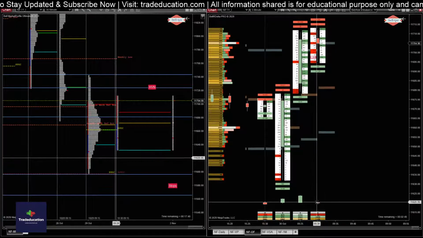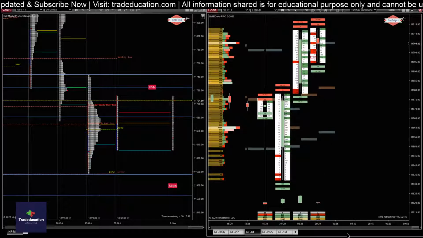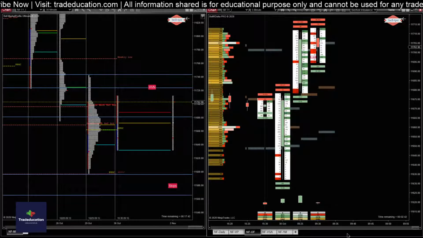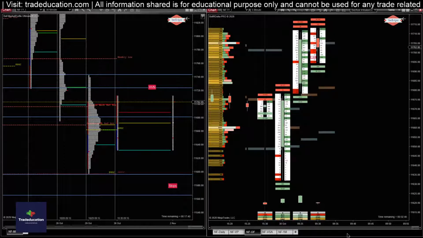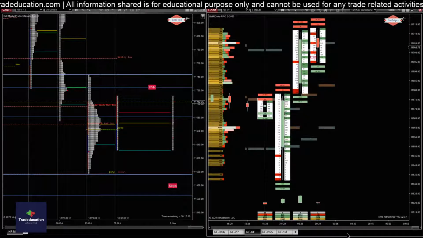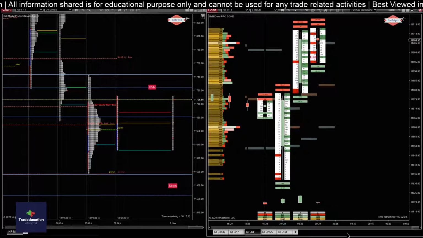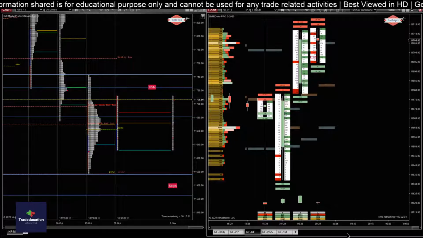So one sign that sellers are stepping in now. But I would just stay away. I'm not seeing any trade location or any trade opportunity. I'll just stay away because a lot of choppy action will be going on.